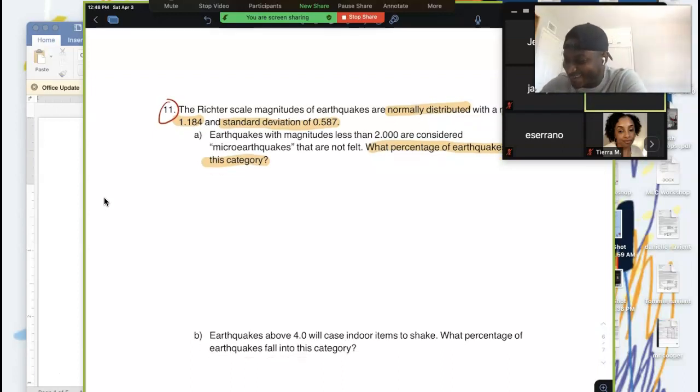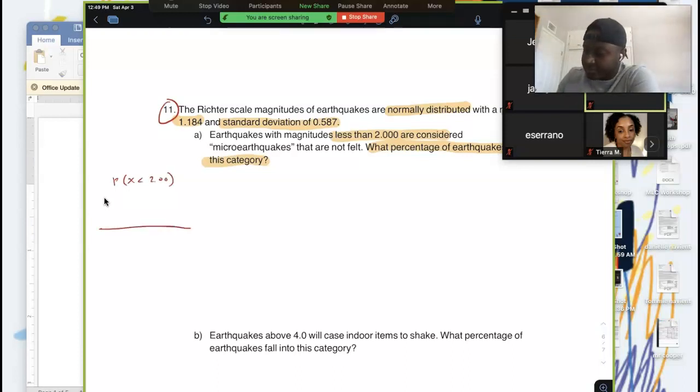All right, so part A: earthquakes with magnitudes less than 2.0 are considered micro earthquakes. So what percentage of earthquakes fall into the micro earthquakes category? So we want the probability that X is less than 2.0.